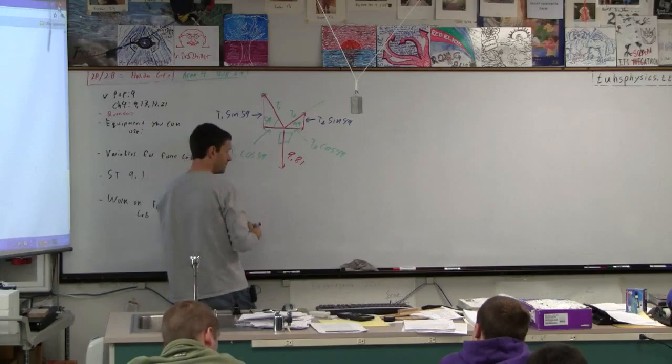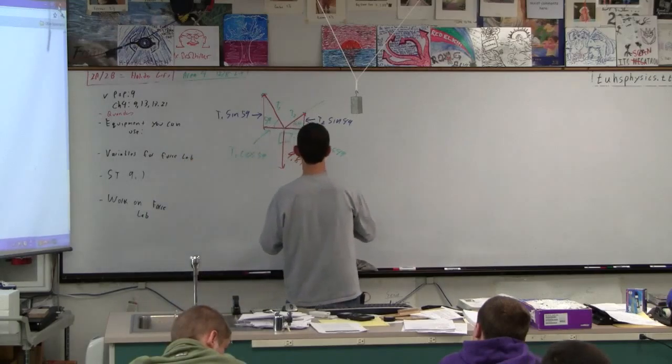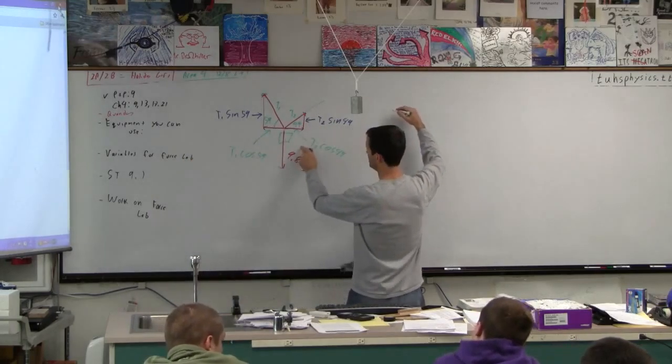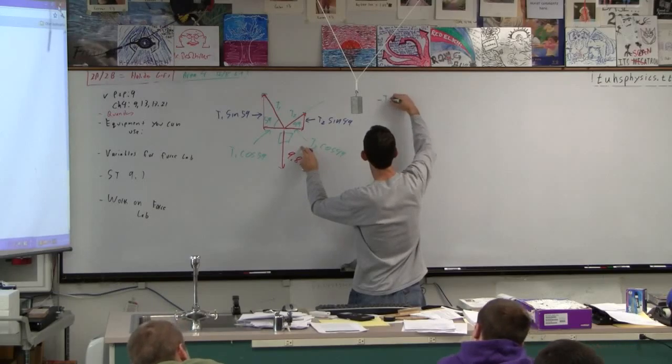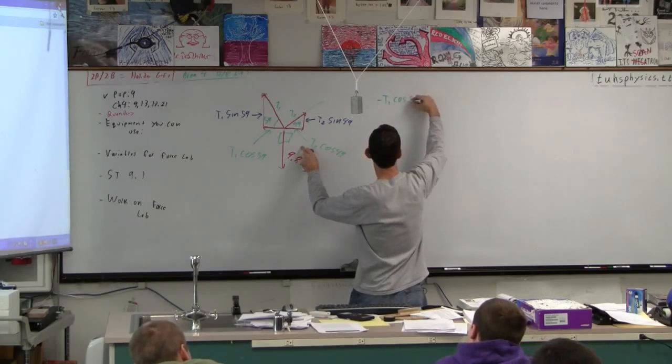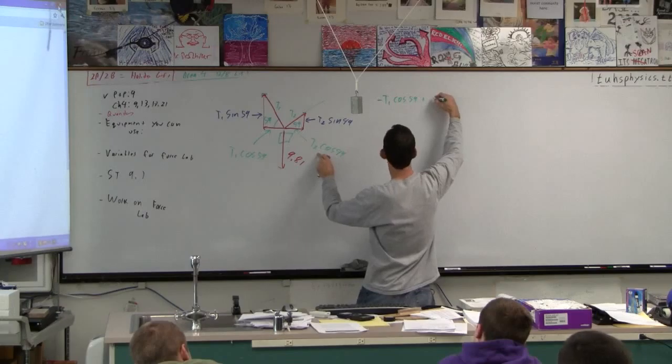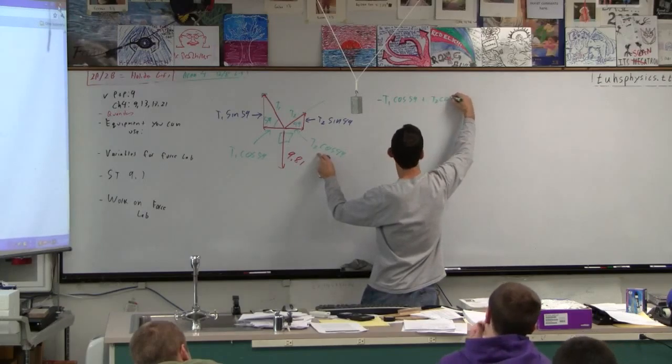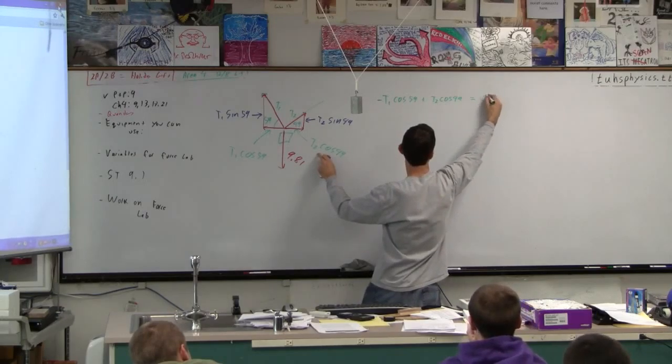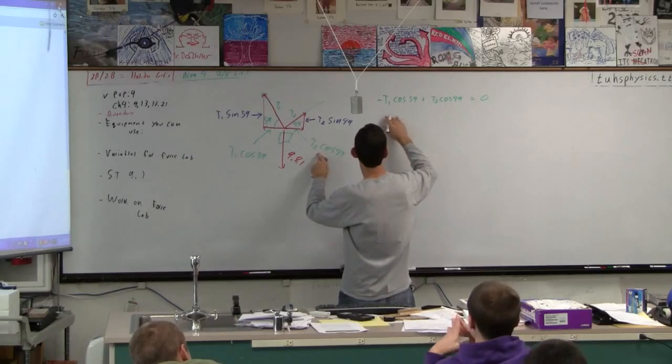Okay. Then we set up our little expressions. These guys cancel each other out, so minus T1 cos 59 plus T2 cos 49 adds up to 0, right?